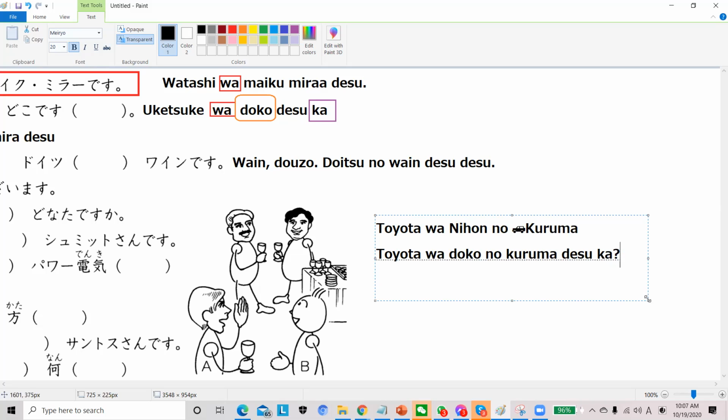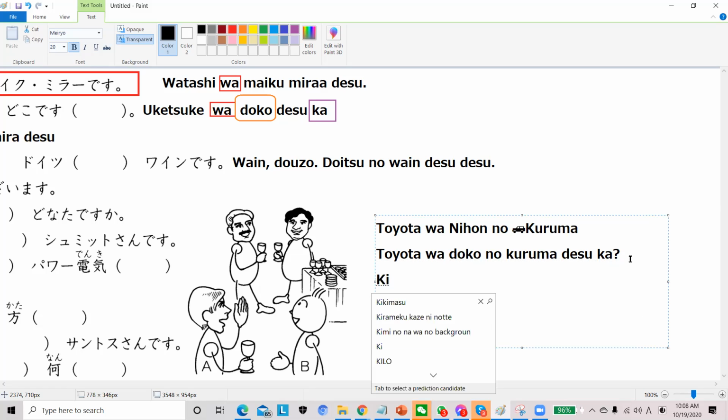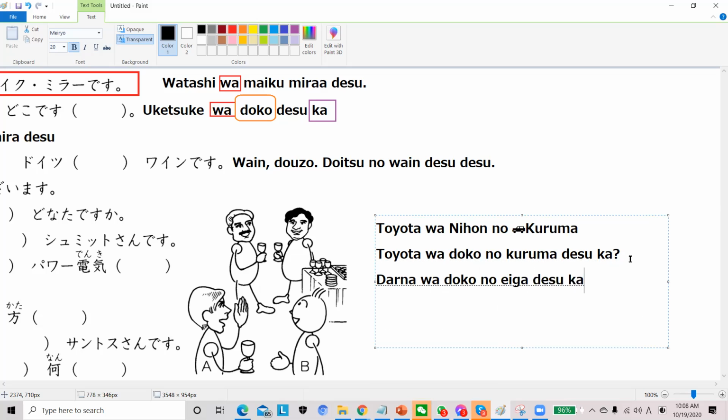わかりますか？はい、わかります、先生。Okay, so let's have this one. ダルナはどこの映画ですか？どこの映画？ We have the word 映画, it means movie.